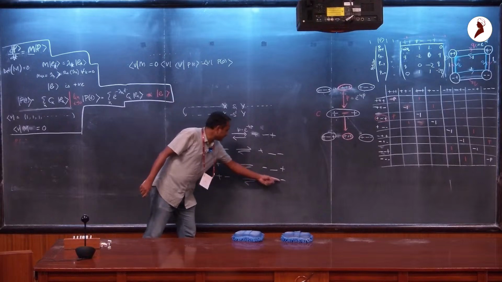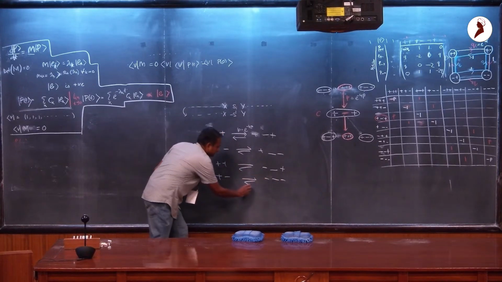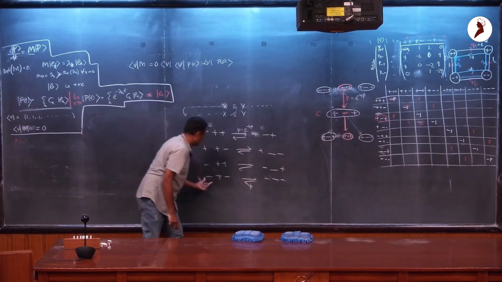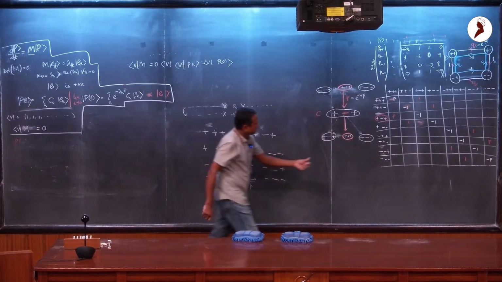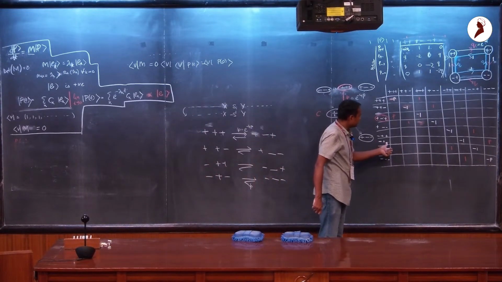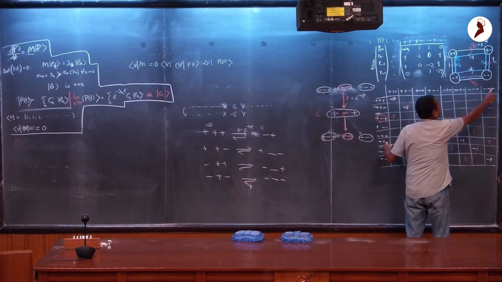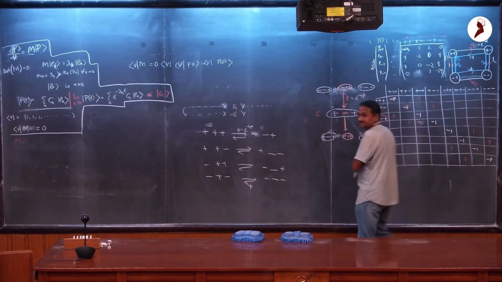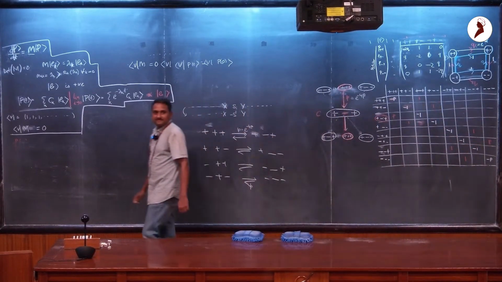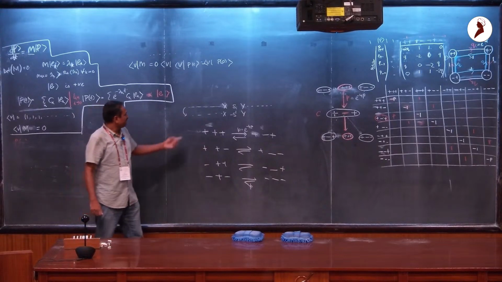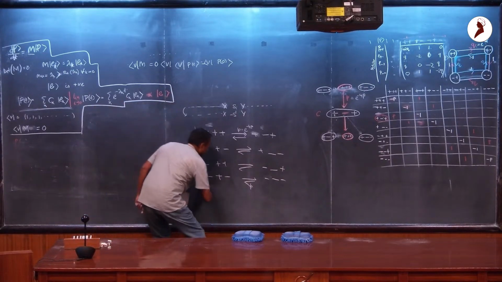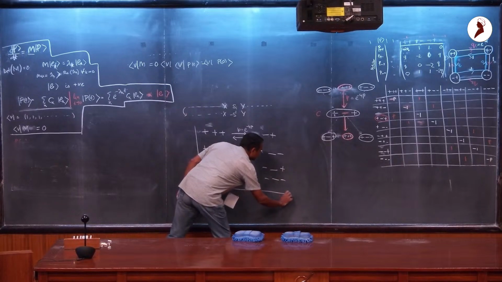Similarly, from the minus configuration, when you come here, that is also P. Minus plus minus, by flipping this with rate P, comes here. These are the rates which I want.